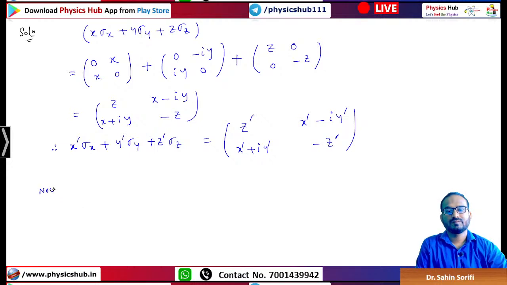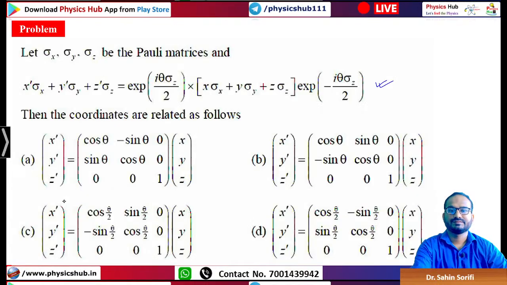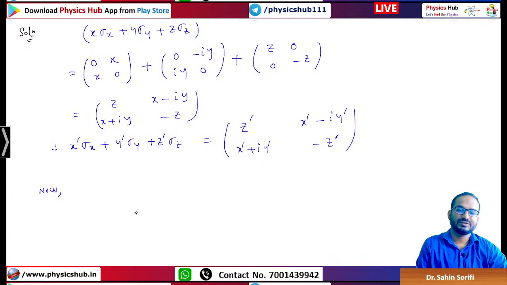Now what else do we have? We have tackled this portion and this portion. Now we have exponential of i theta sigma z by 2. So let us calculate exponential of i theta sigma z by 2. What is the value of sigma z?